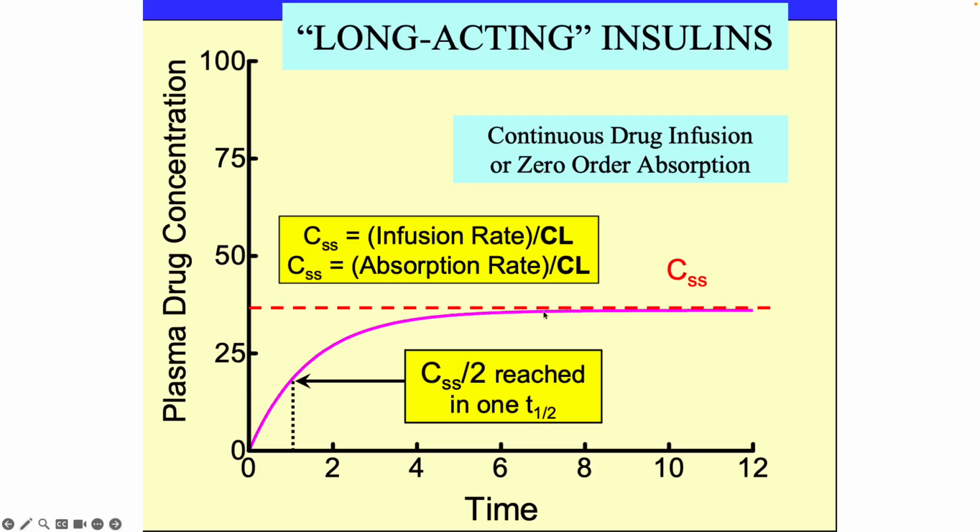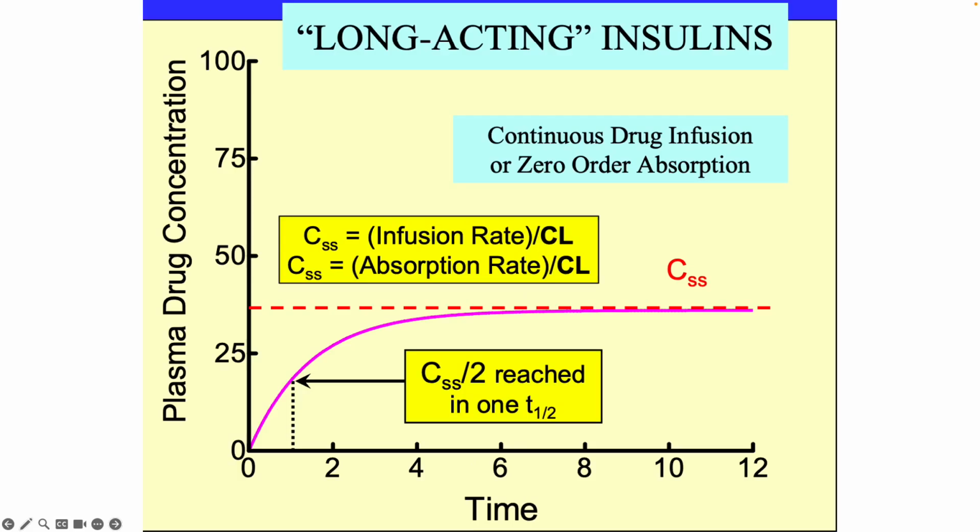Under these conditions, the plasma insulin reaches a steady state where the absorption rate equals the elimination rate. Essentially, there's no peak seen here. It's just low-level and continuous all day long. So it provides really good fasting plasma glucose control, especially during the night when gluconeogenesis, or production of de novo synthesized glucose by the liver, occurs.